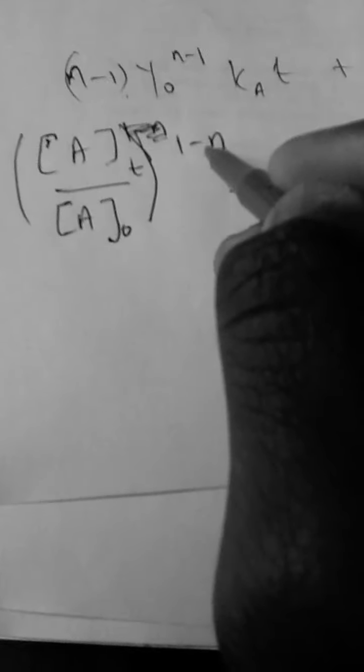Why? Because if n equals 1, this would be 1 minus 1 is 0. Anything raised to the 0 is 1. If n equals 1, we get 1 does equal 1, but then basically we have cancelled out all our reaction.